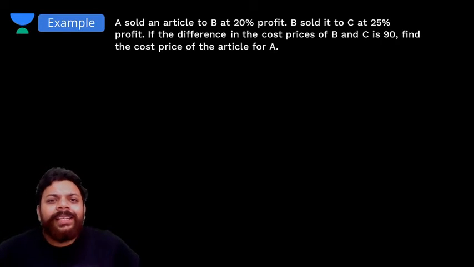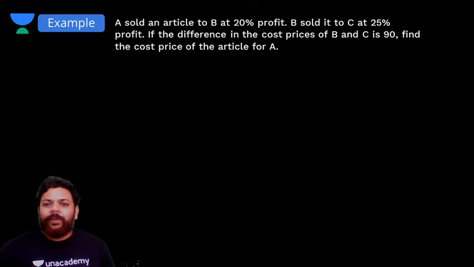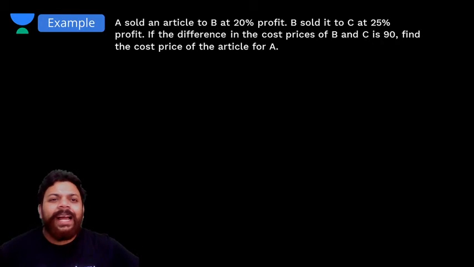A sold an article to B at 20% profit. B sold it to C at 25% profit.